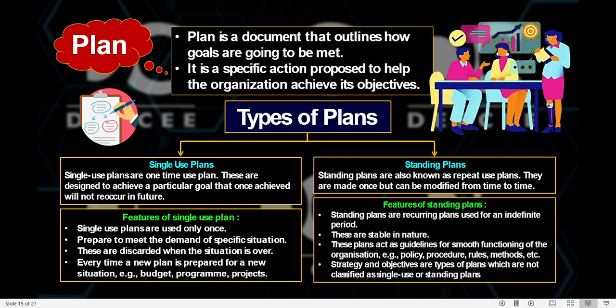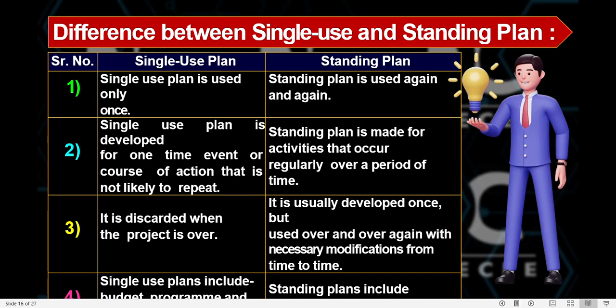So what are the examples of standing plan? Policies, procedures, methods, all of that come under standing plan, whereas budget, program, and project come under the single use plan.